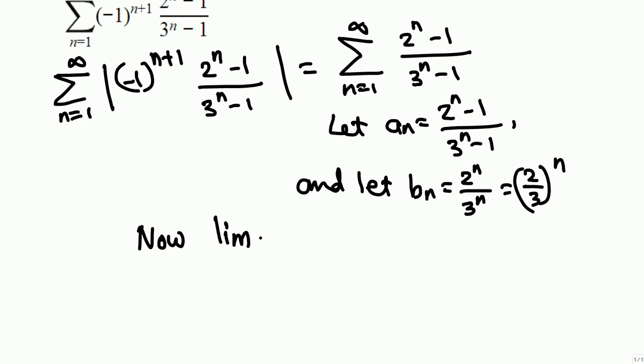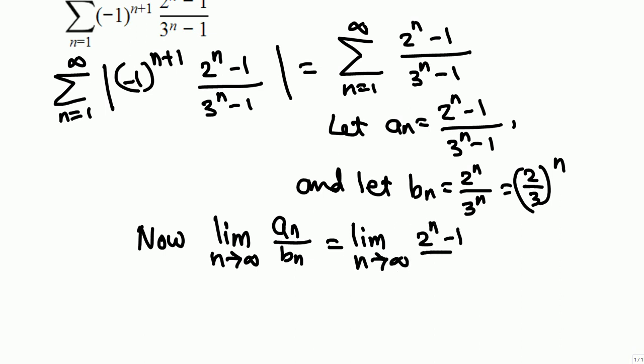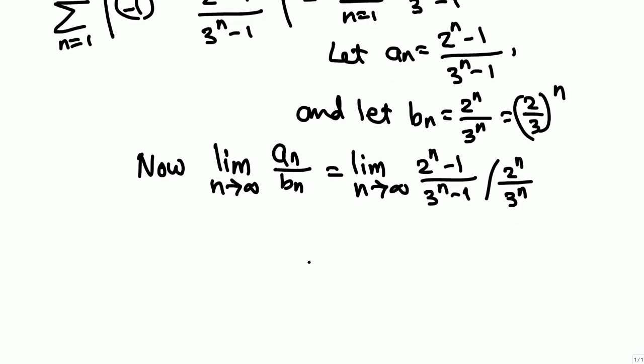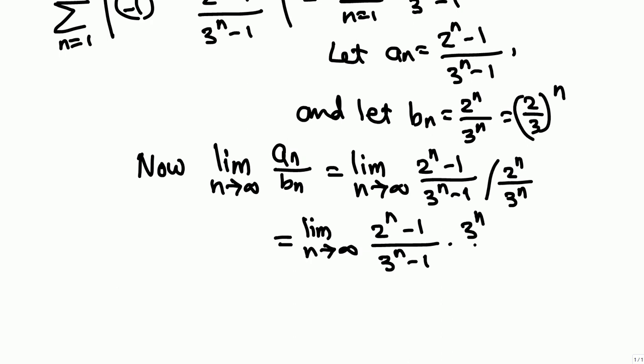Now the limit of a_n over b_n as n goes to infinity is the limit of (2^n - 1)/(3^n - 1) divided by b_n. Let me write this in the form 2^n over 3^n, which is the same as the limit of (2^n - 1)/(3^n - 1), then change the division to multiplication and flip this fraction.